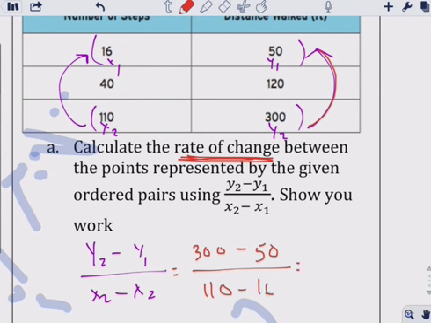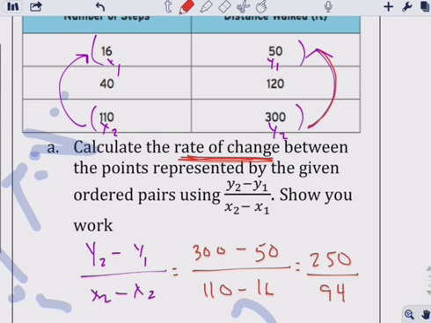Okay, that leaves me 250 all over 94. And use a calculator for that. That's my rate of change.